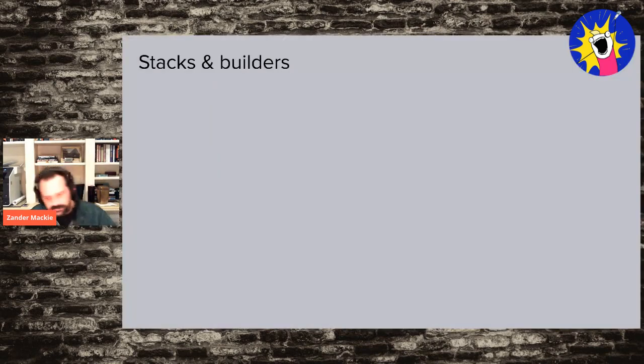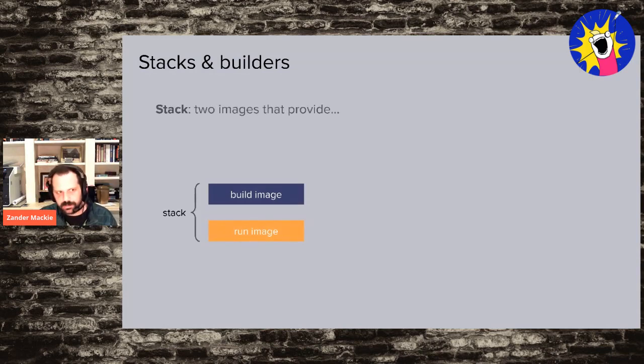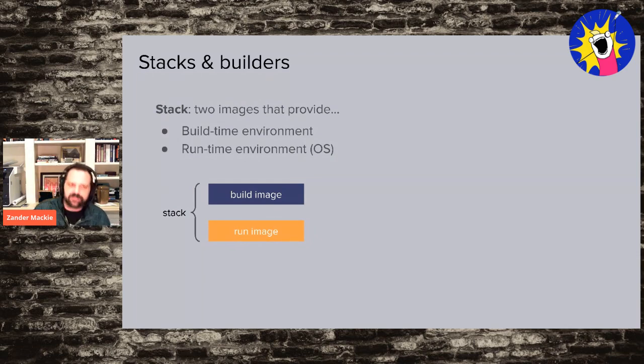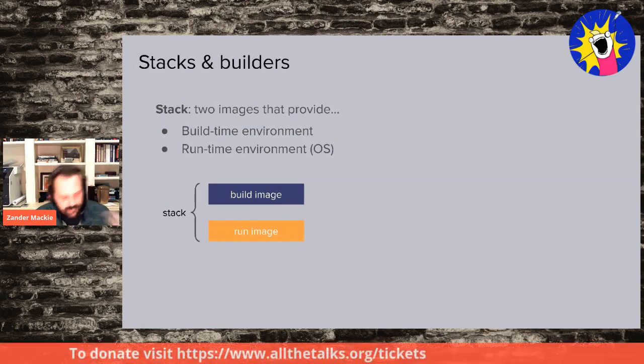Okay, so all of that's sort of magical, but peeling back the hood a little bit, one of the things that makes this work is a concept that we have called a stack. A stack is a collection of two things. It's a build time environment and it's a runtime environment. And those are really just images.